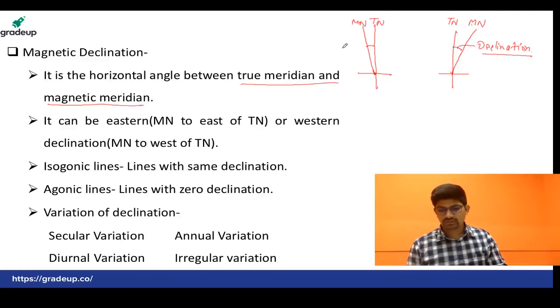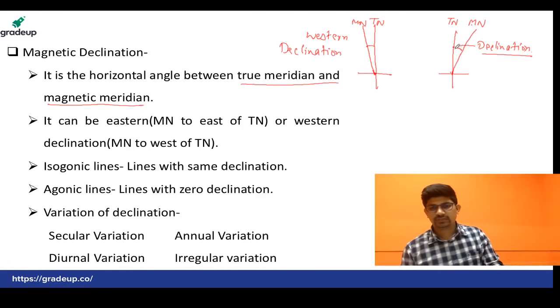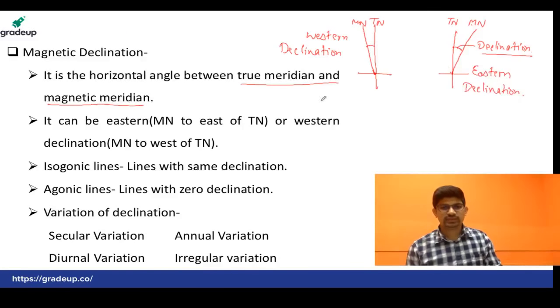Since you can see here, this is western declination, while this one is eastern declination. So these are two types of declination.